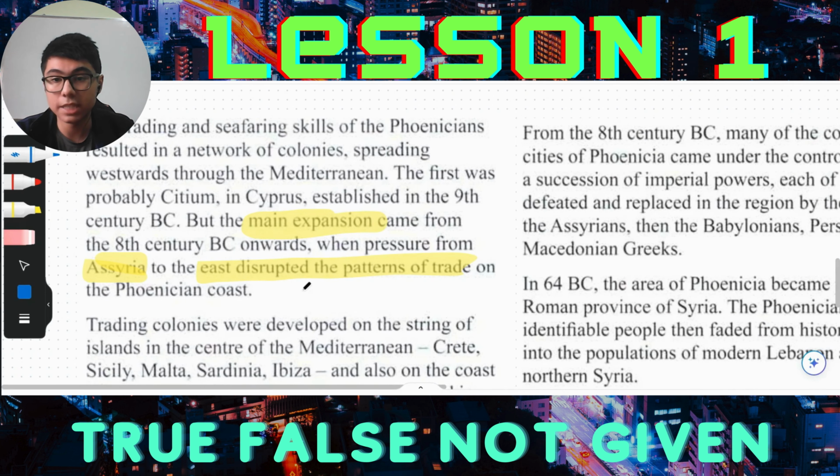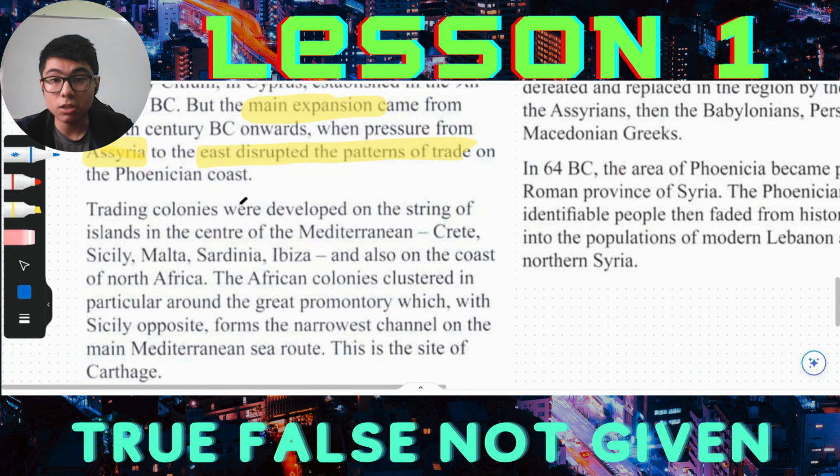Now let's continue reading. Trading colonies were developed on the string of islands in the center of the Mediterranean. Crete, Sicily, Malta, Sardinia, Ibiza, and also on the coast of North Africa. The African colonies clustered, meaning being together, like living there.